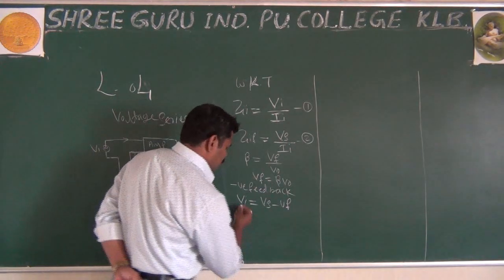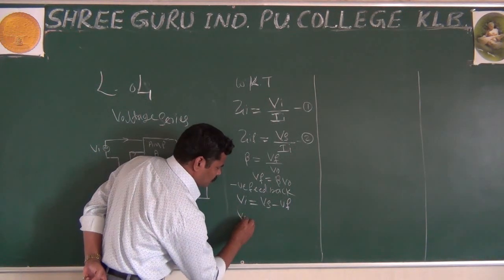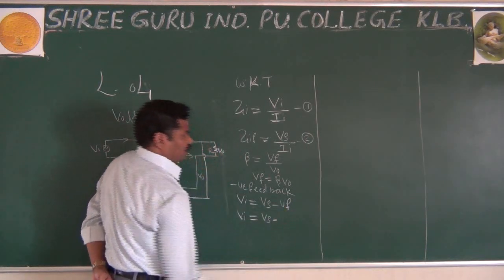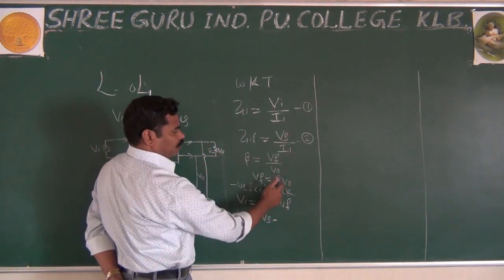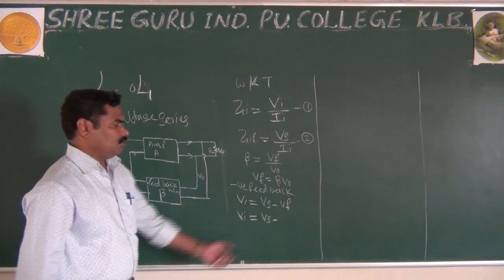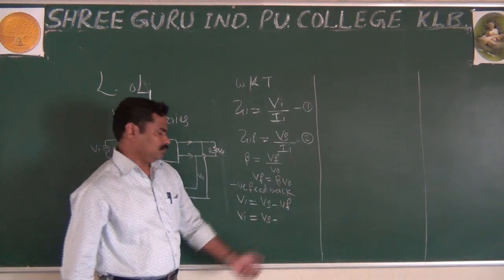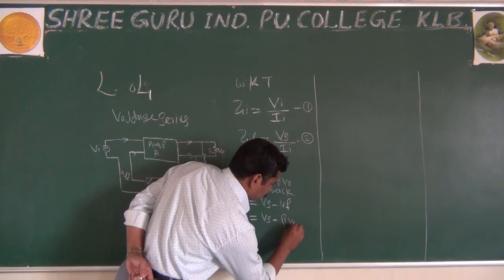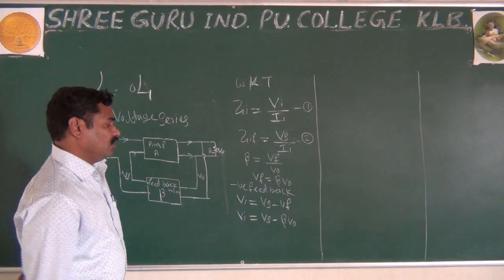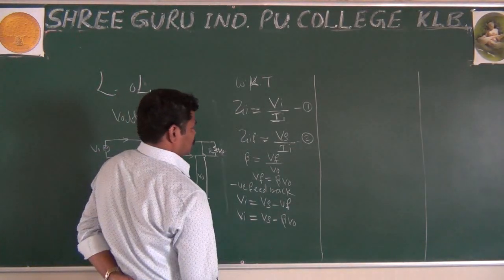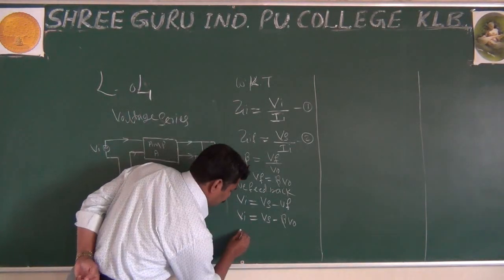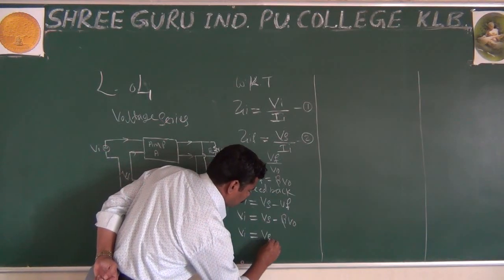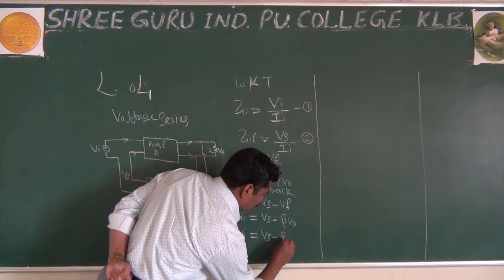Now in place of Vf, we can write beta into V0. Vi as it is, Vs as it is, and beta as it is.